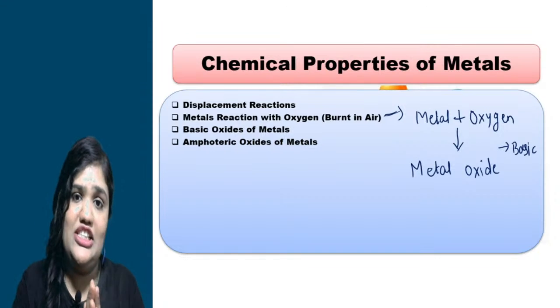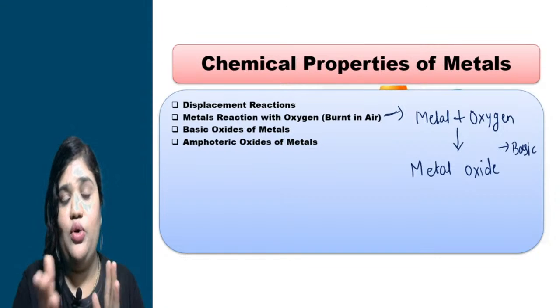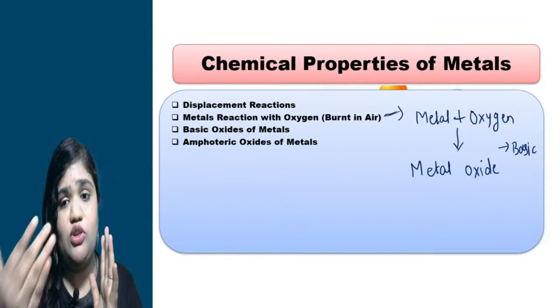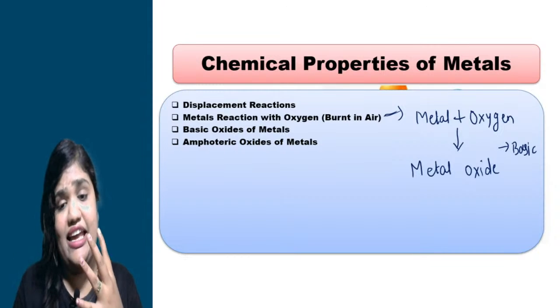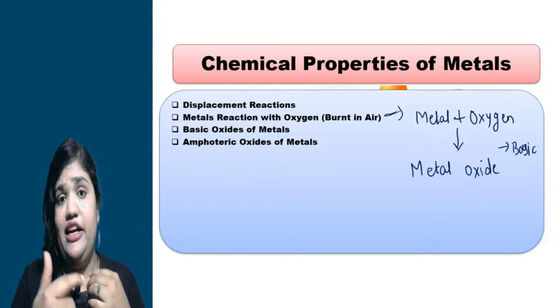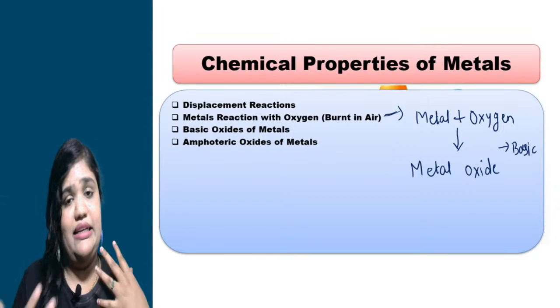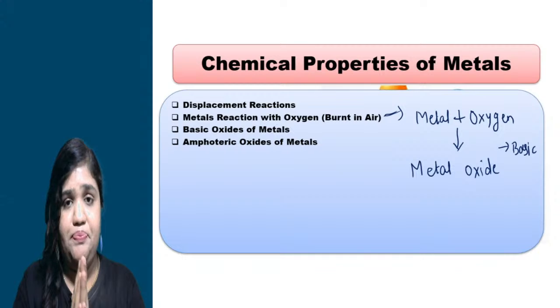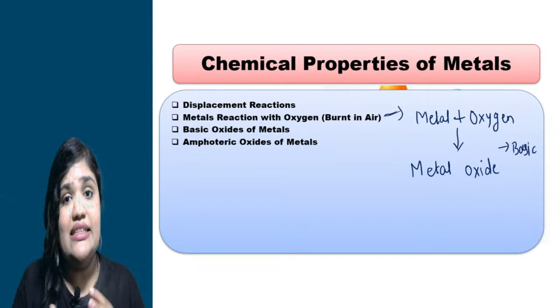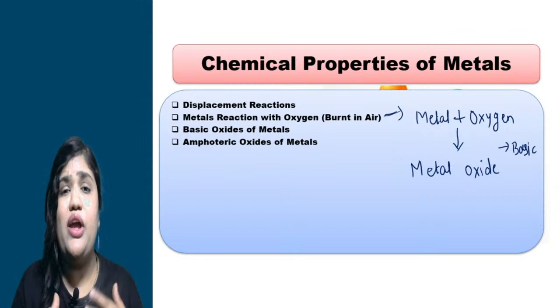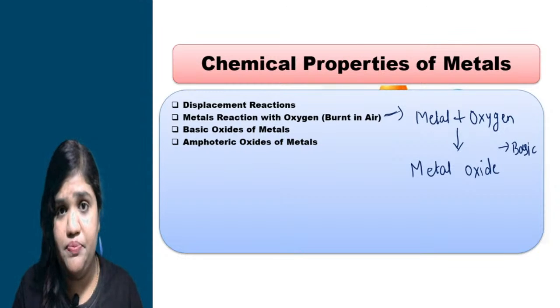When metal reacts with oxygen, or we can say air, it will give you metal oxide. This is the first basic reaction. Second, metals like gold, silver, platinum do not show any kind of reaction with air.